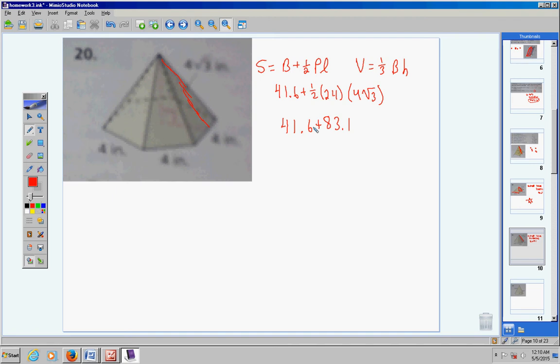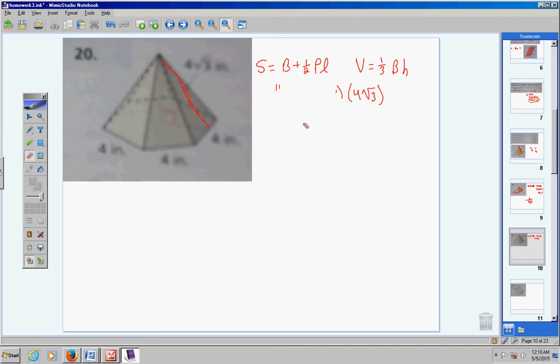And I'm getting 124.7, and that's the correct answer. 124.7 square inches, because we're dealing with surface area.